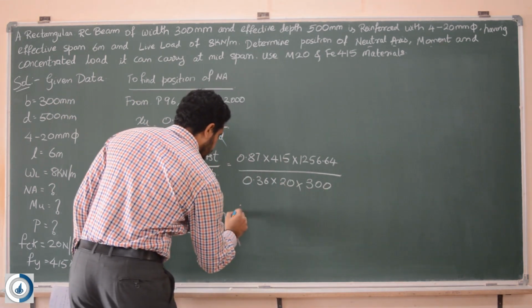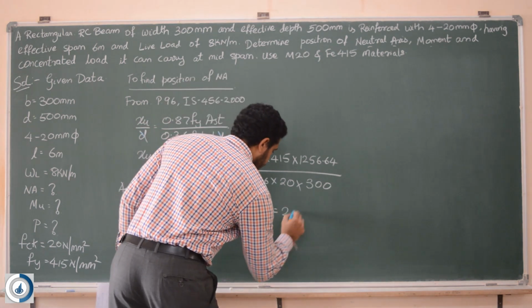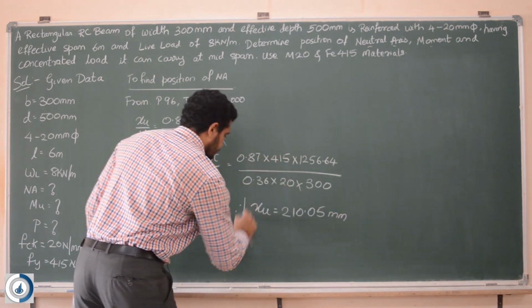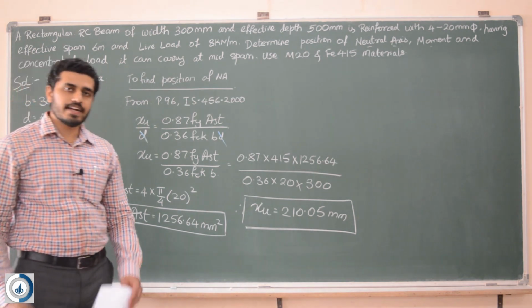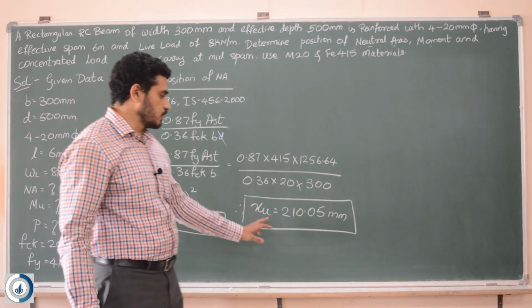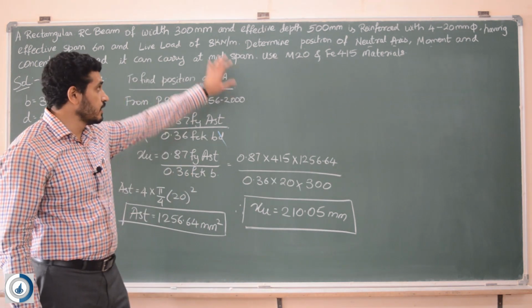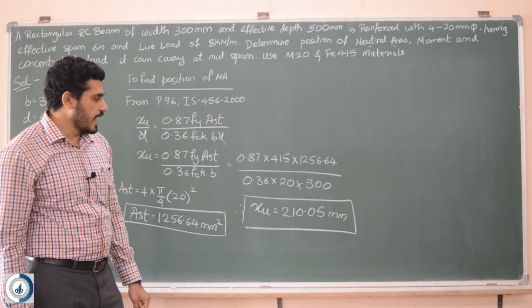After working this out, you will get Xu equal to 210.05 mm. In our previous analysis problem, we had not calculated the Xu value directly. So this is the position of the neutral axis for the given problem. Like this, you can find the position of neutral axis.